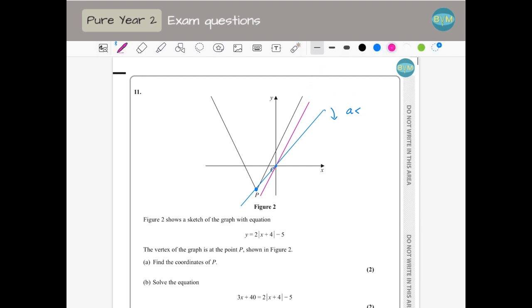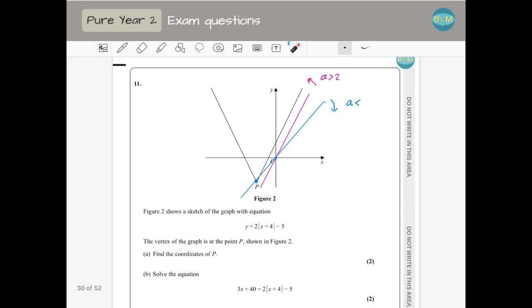So if I move that way, and a is greater than 2, it will meet the line at least once. Anything that is a greater than 2 will meet the line at least once. Anything smaller than this gradient will also meet the line at least once.